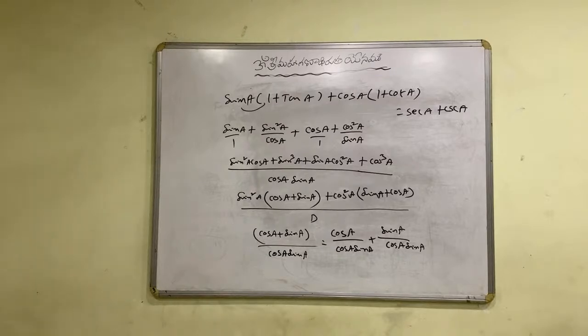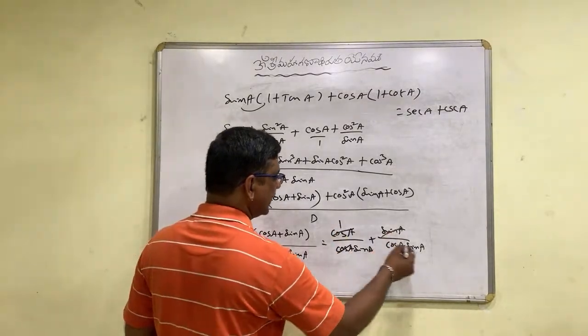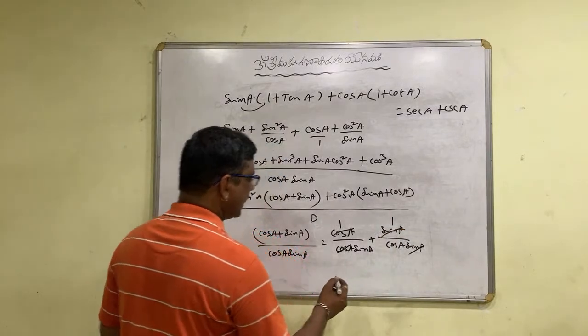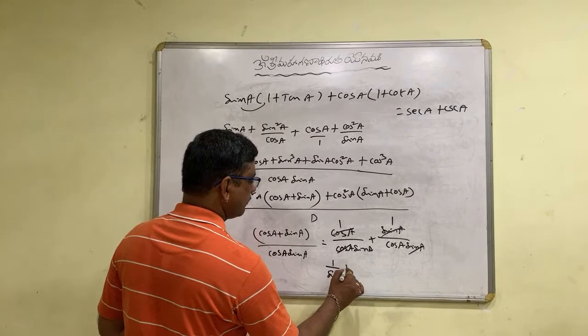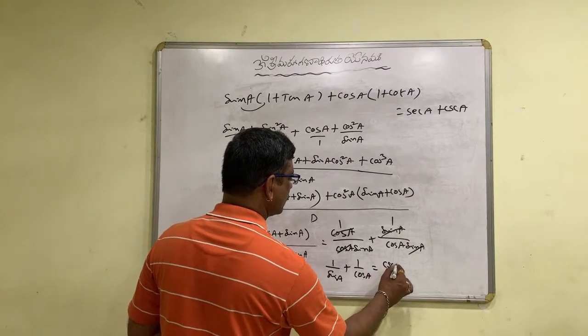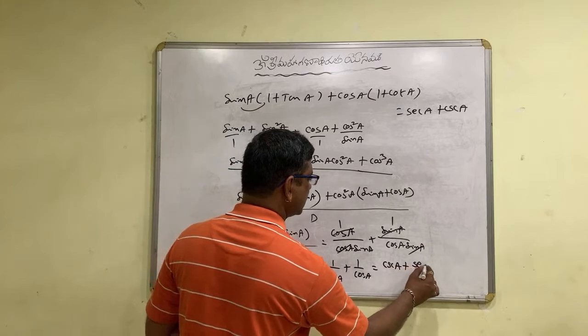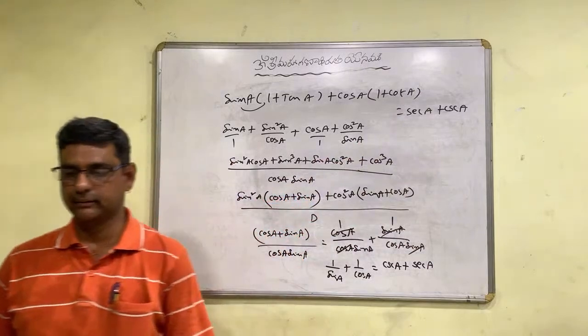How? See here. Cos A gets cancelled and sin A gets cancelled here. So we are left with 1 by sin A plus 1 by cos A. 1 by sin A is nothing but cosecant A and 1 by cos A is nothing but secant A. So the answer is cosecant A plus secant A.